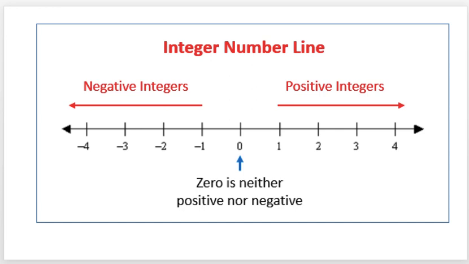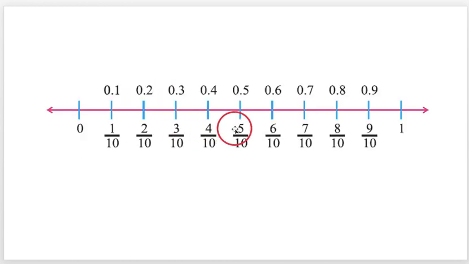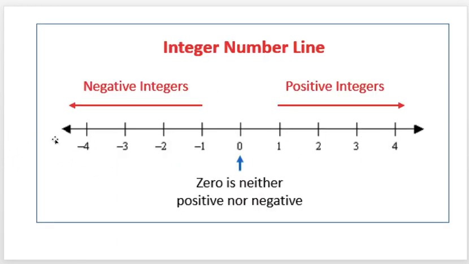Now come to the number line. This you already know. This is the number line. This is the positive integer side and this is the negative integer side. And in between 0 is there. Now you look at this page. Here 0 and 1. And here also 0 and 1.